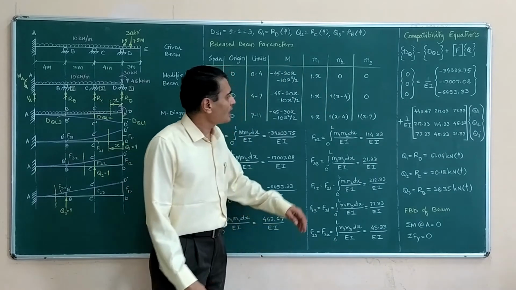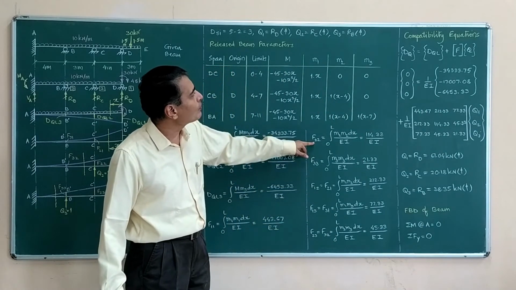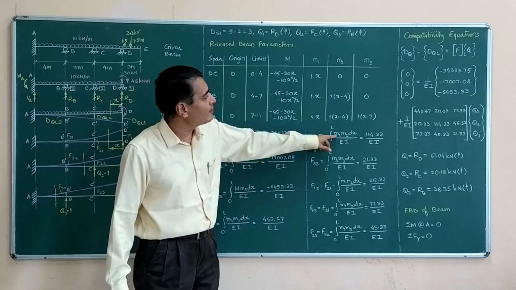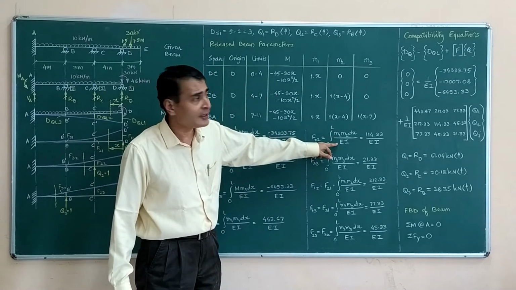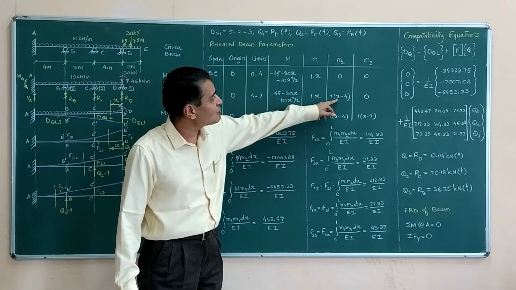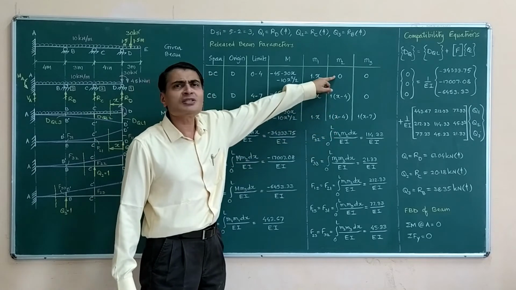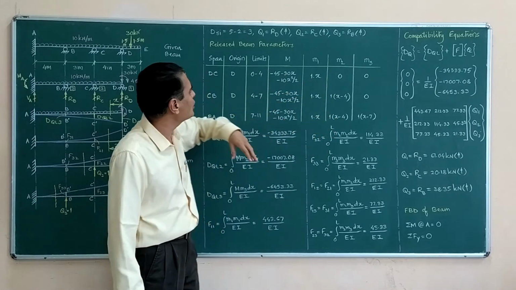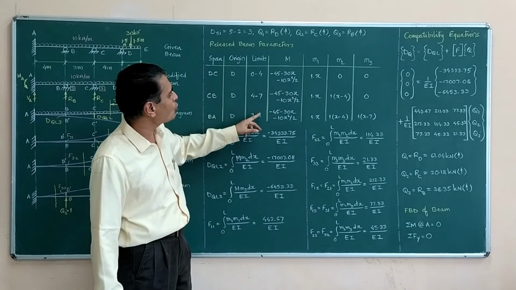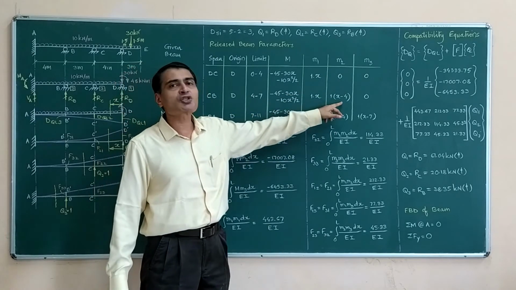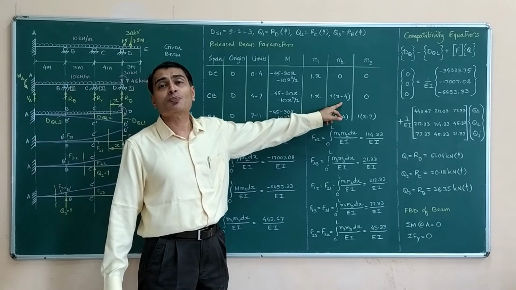Similarly, you are calculating F22, that is m2 squared dx over EI. It is x minus 4 square. Here also it is the same, x minus 4 square. This is of course 0, not to be considered. So you simply write 4 to 11 x minus 4 bracket square dx upon EI.